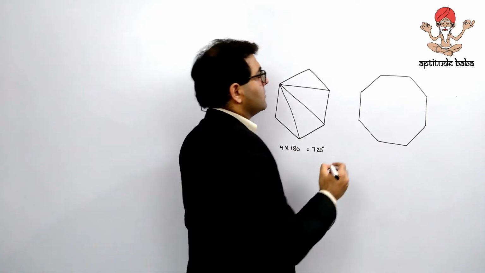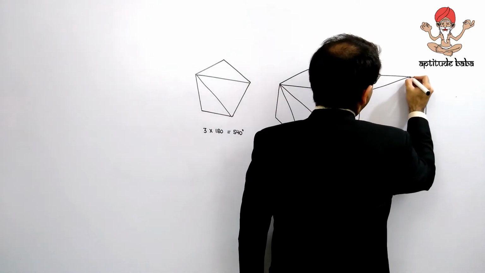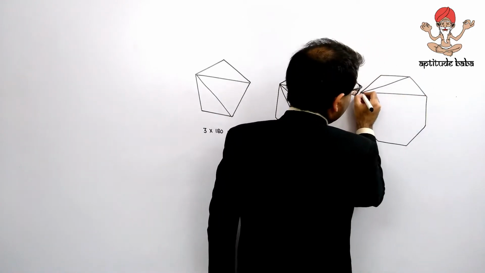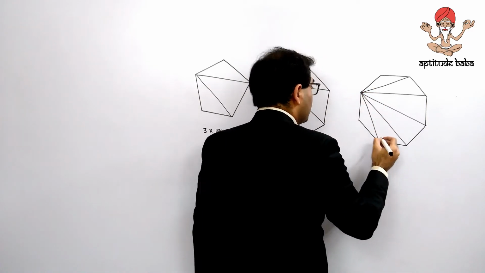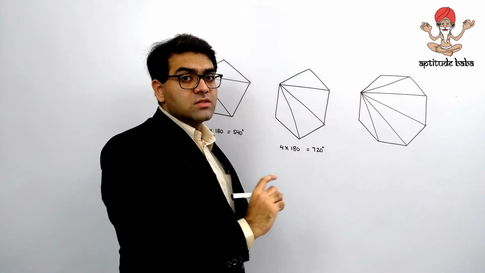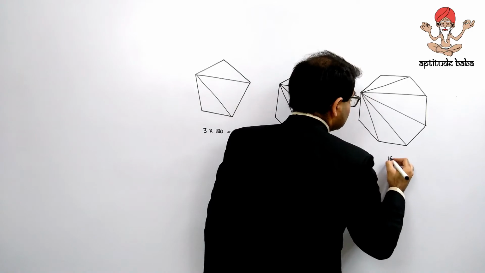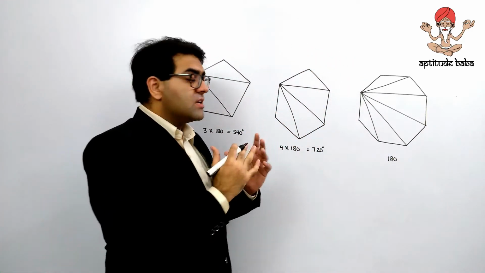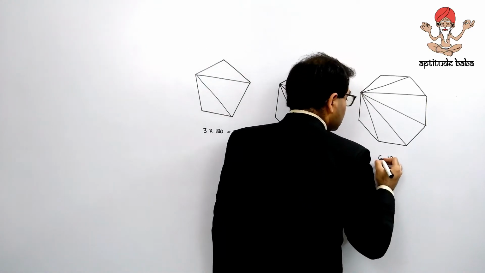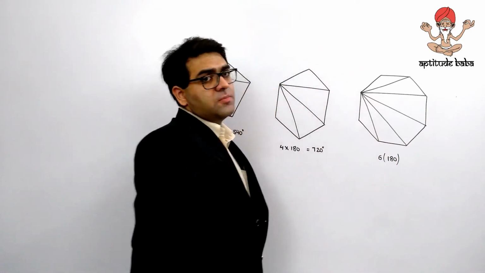Can I divide an octagon into 6 triangles? Yes, I can. What happens when I divide an octagon into 6 triangles? Well, each triangle has sum of the angles as 180, so the total sum of interior angles of an octagon ends up becoming 6 times 180.